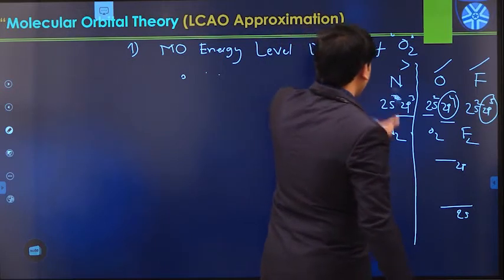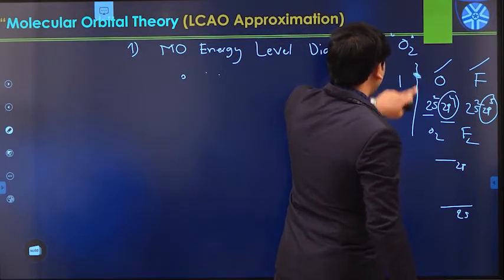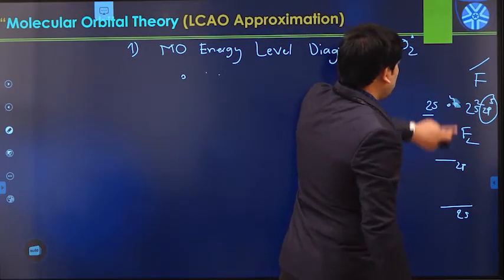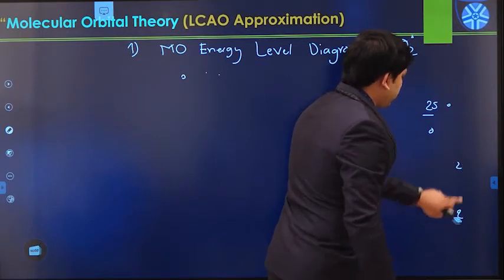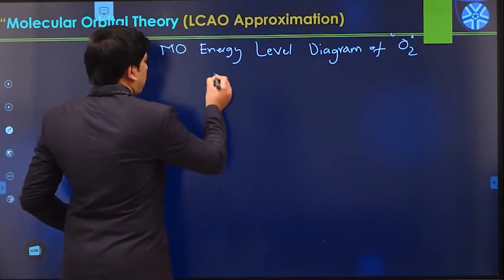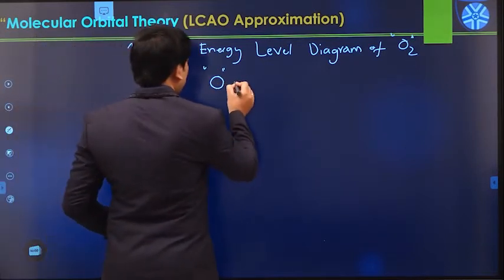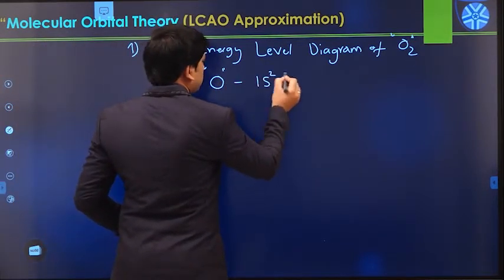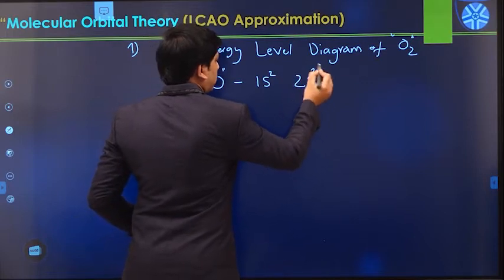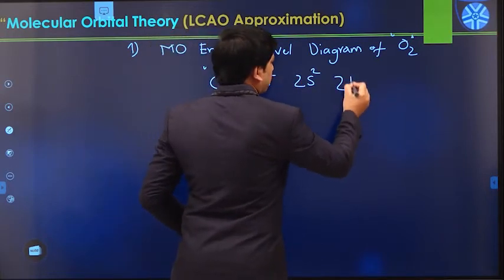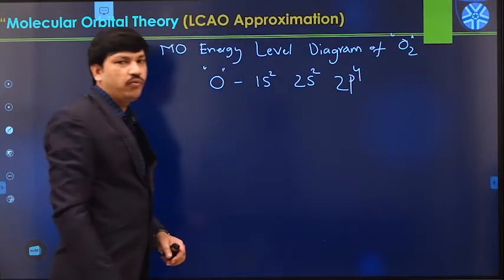First we have to see the electronic configuration of the oxygen atom, then we can understand how to construct the corresponding diagram. The oxygen electronic configuration is 1s2, 2s2, 2p4.